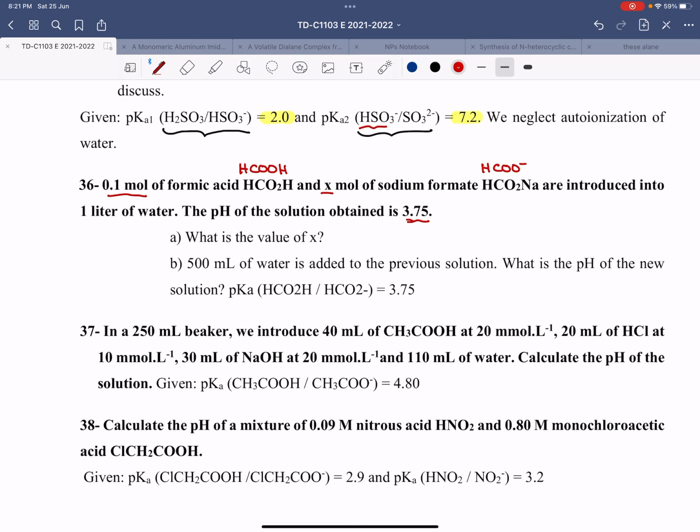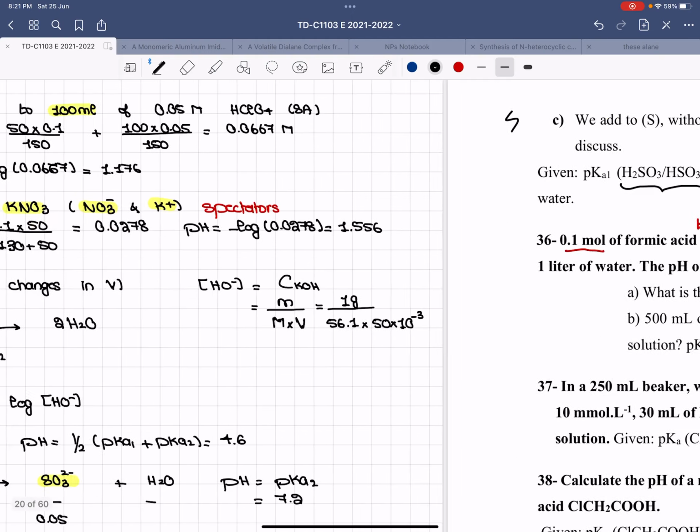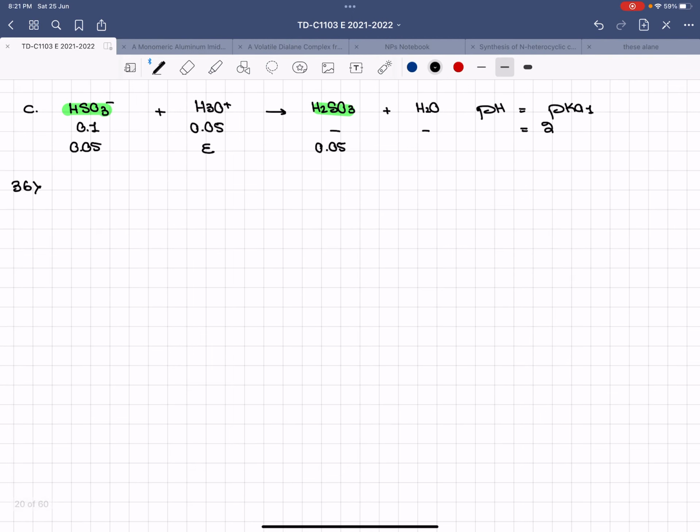Very easy. Henderson-Hasselbalch. We go back. pH is equal to pKa plus log of the concentration of HCOO minus divided by the concentration of HCOOH, formic acid.